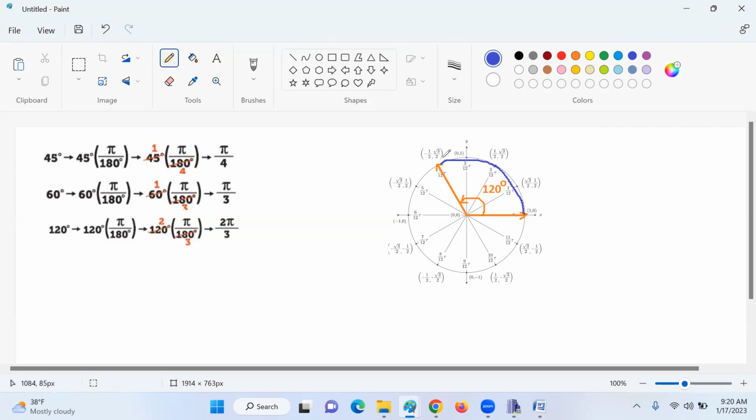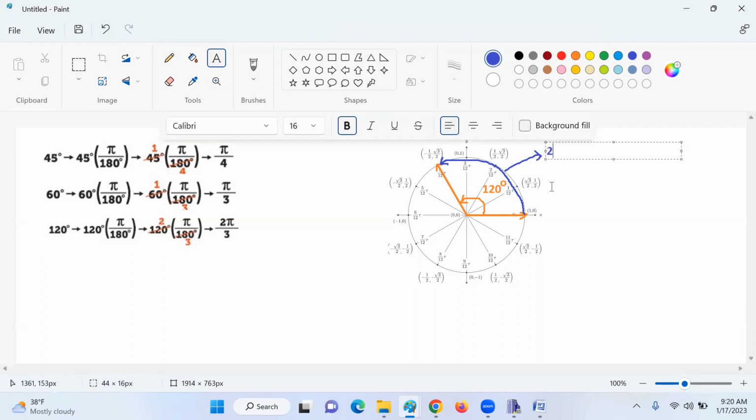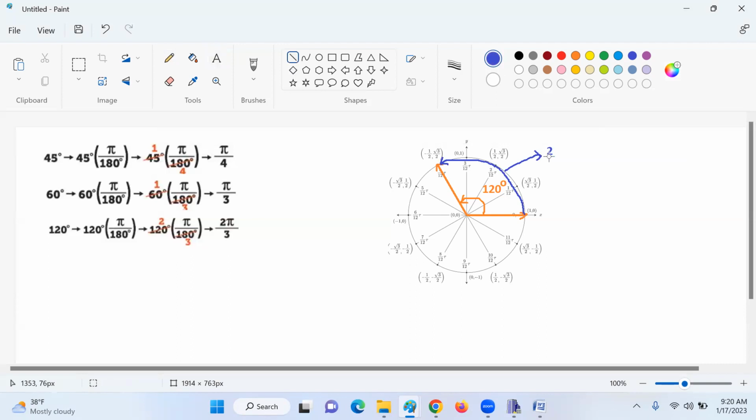So this is 2 pi over 3. Okay. Does it make sense?